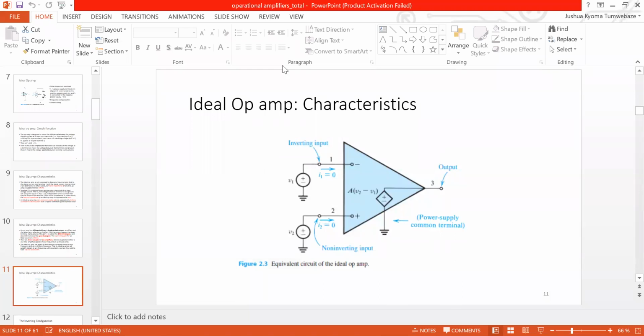Any questions? Yes, please. Could you please explain the 0 common mode gain again? Okay, who is this? Can you just identify yourself and whether you're from telecom or electrical?